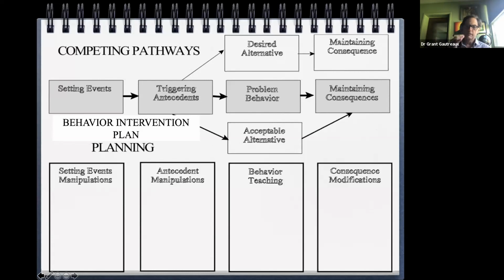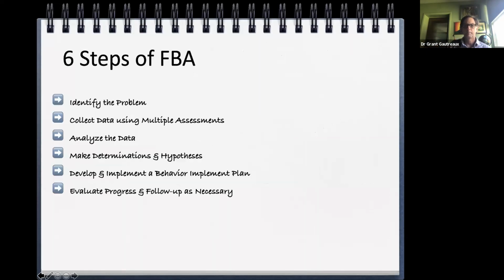And one intervention in the antecedent may actually negate a similar intervention in the consequence. So those are things that have to be taken on board when you're writing a thorough and responsible behavior intervention plan.